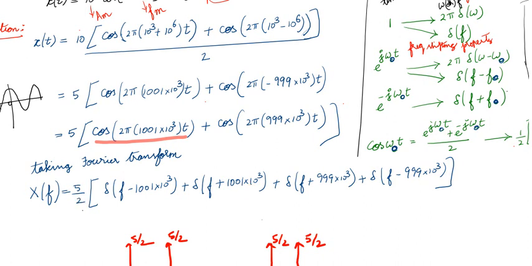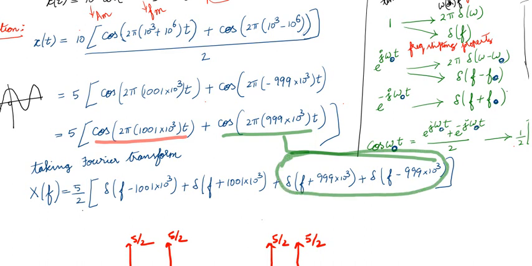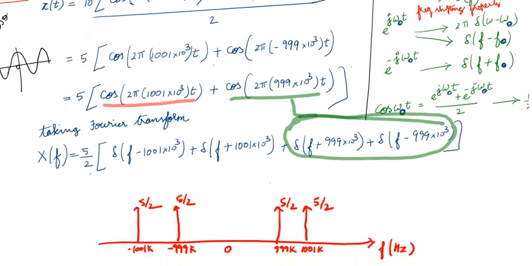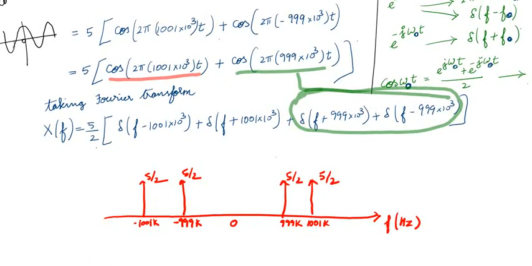For the second term, this is the Fourier transform divided by 2. The 2 I have commonly written here. Now we have an idea. So this is the spectrum. This is the Fourier transform of x of t. This is my x of t.